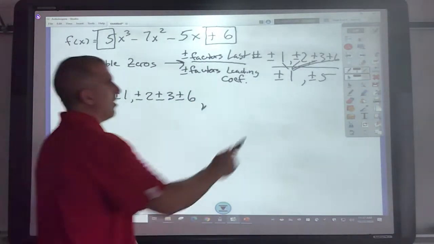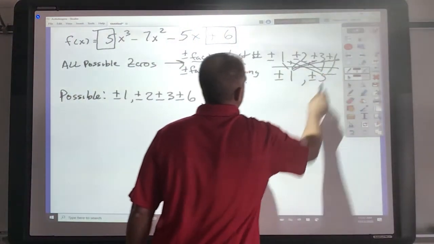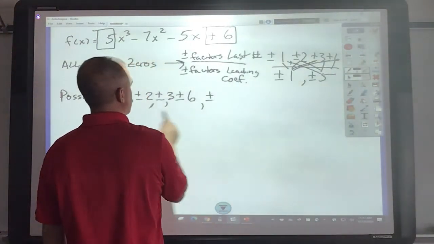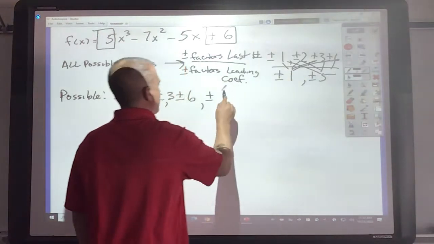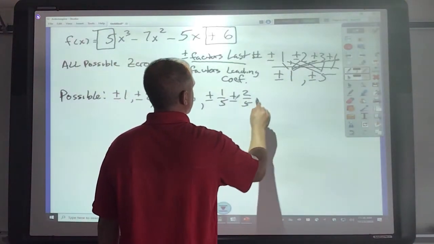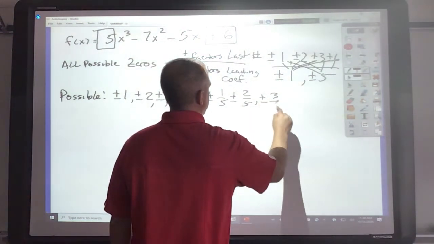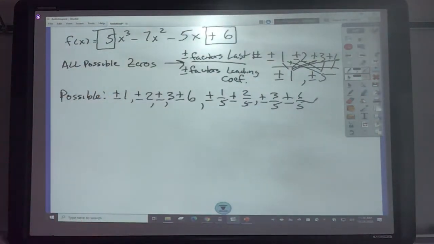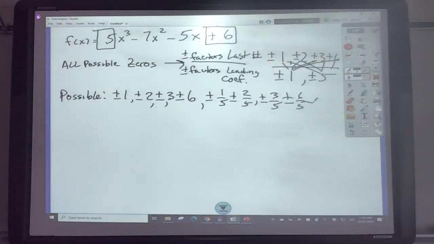Then I'm going to take them all and divide them all by 5. So plus and minus 1 divided by 5 would be 1/5. Plus and minus 2/5, 3/5, and 6/5. Okay? So those are the possible real zeros.